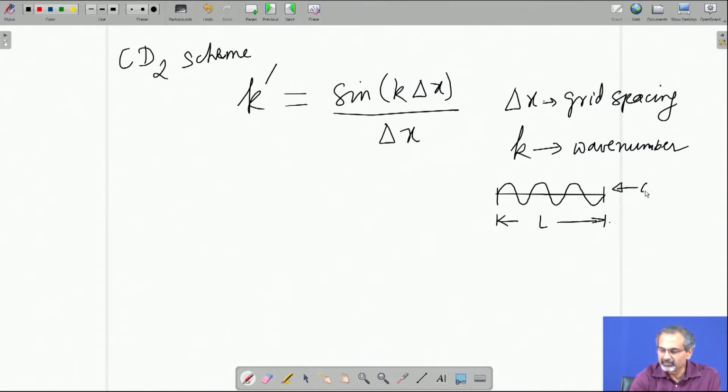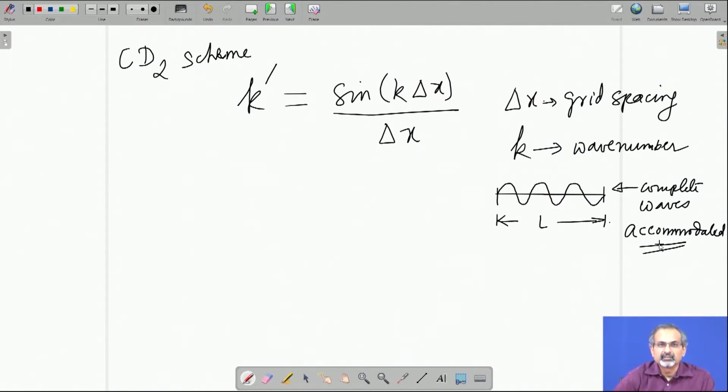That means, we have complete waves accommodated. So, these are some of the things we already discussed in the last lecture.